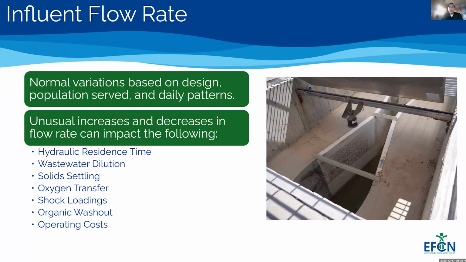and how to adjust. For example, if we get surges in our wastewater due to infiltration of rain, this may lead to organic washout, where the microorganisms in our facility are moved too quickly out of the process, and we aren't able to properly treat all the organics in our wastewater.